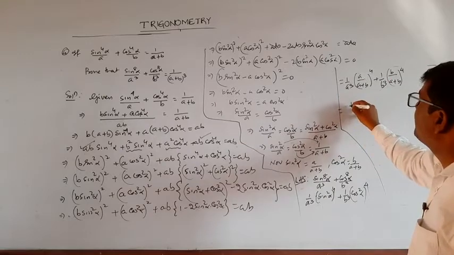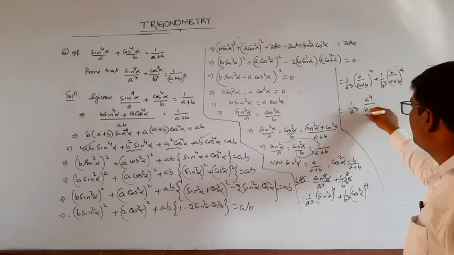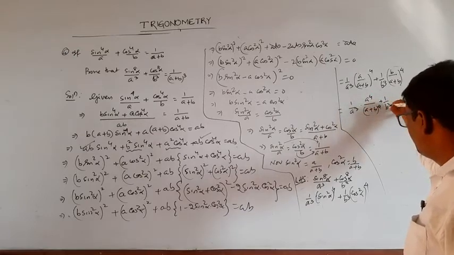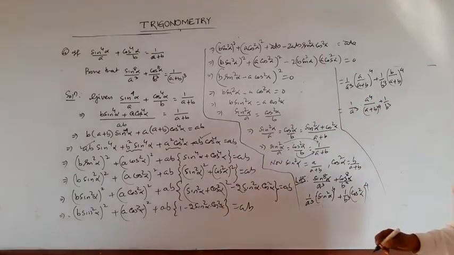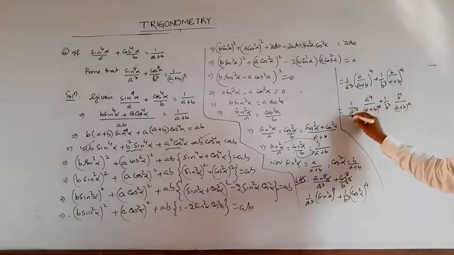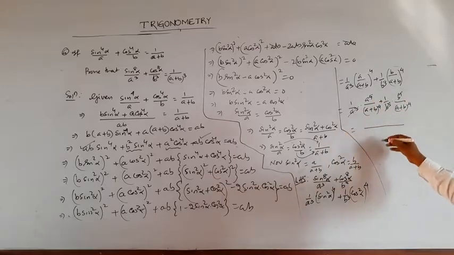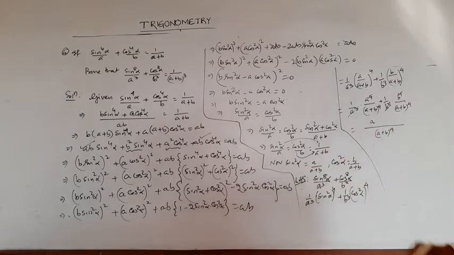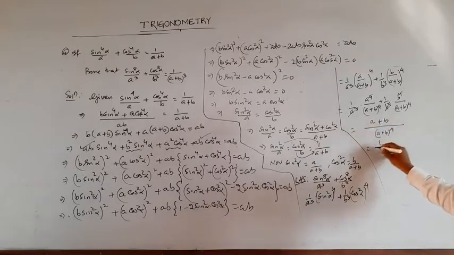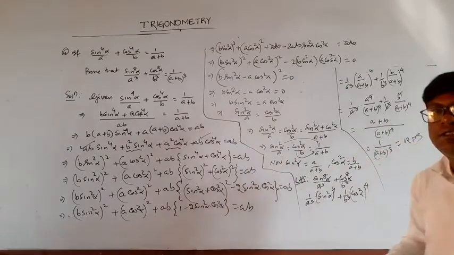So this is equal to 1 by a³ into a⁴ by (a plus b)⁴ plus 1 by b³ into b⁴ by (a plus b)⁴. So the a³ and b³ cancel, and taking the LCM this is (a plus b) by (a plus b)⁴, that is 1 by (a plus b)³, which is the right hand side.